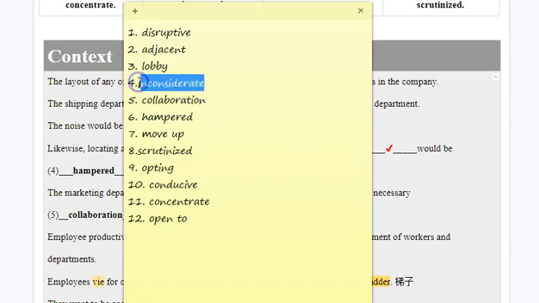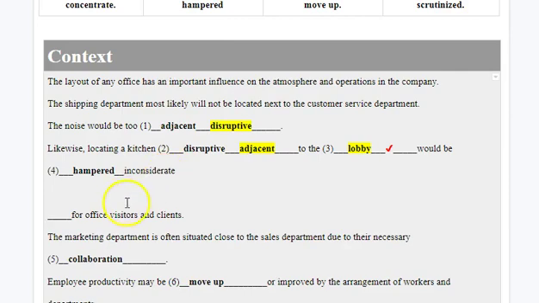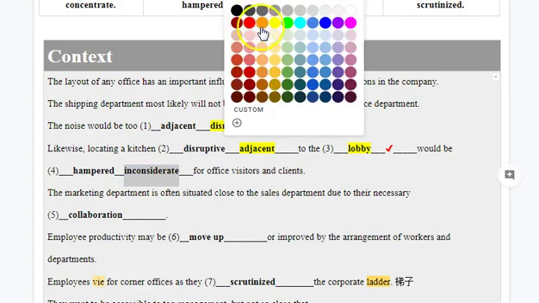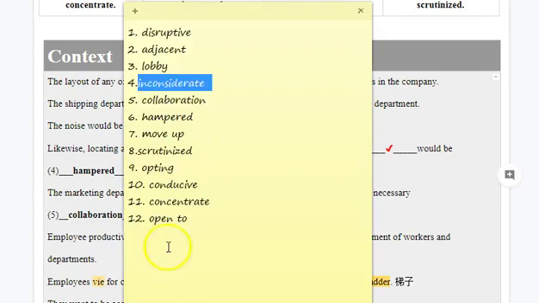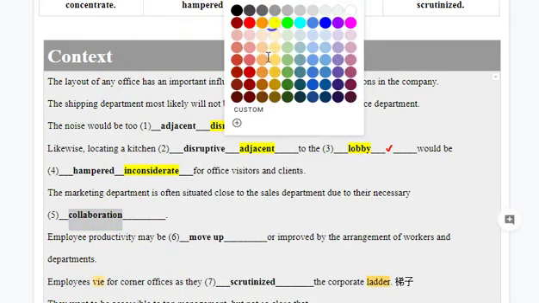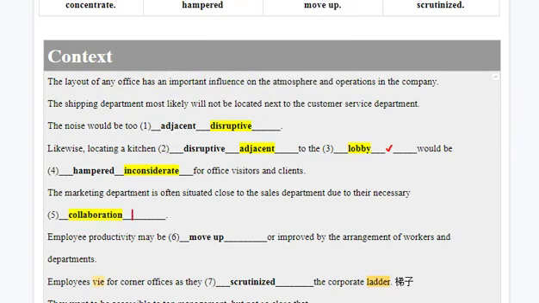Likewise, locating a kitchen adjacent to the lobby would be hampered for office visitors and clients. The marketing department is often situated close to the sales department due to their necessary collaboration.